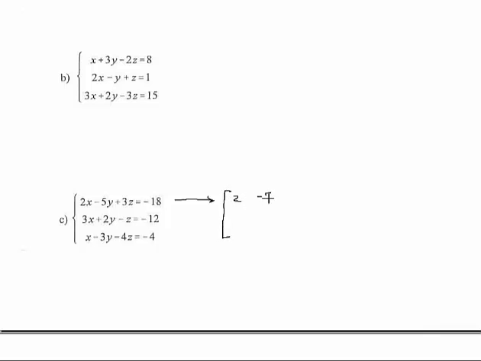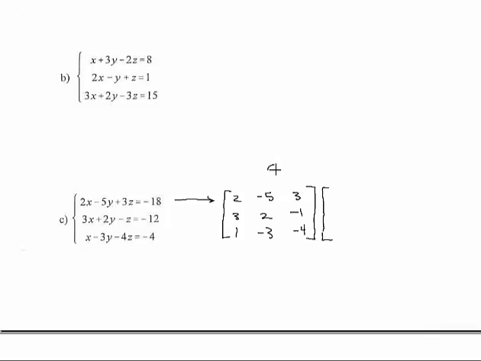2, -5, 3, 3, 2, -1, 1, -3, -4. So this is our coefficient matrix.